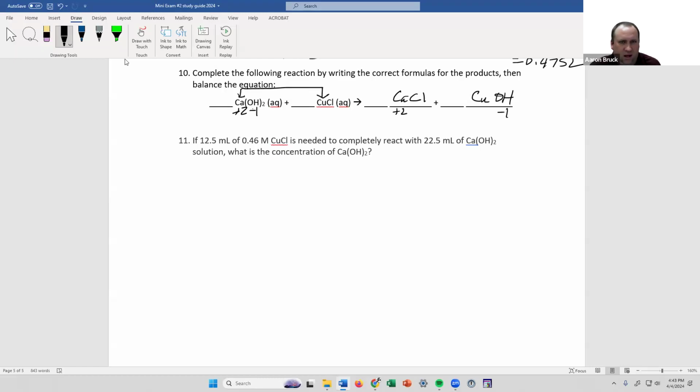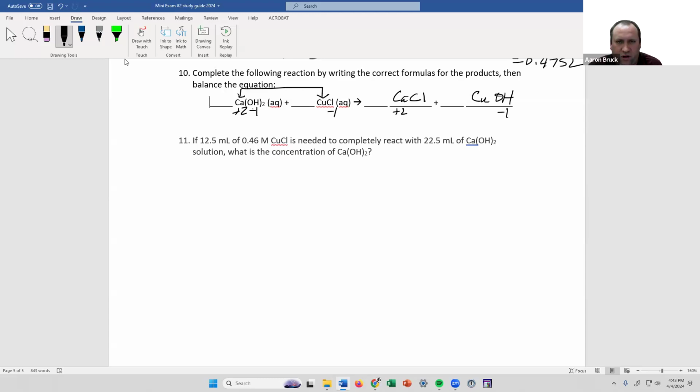On the flip side, copper. Copper is a transition metal. Ugh. Can't use the periodic table to predict copper's charge because transition metals have multiple charges. But I can look at the chloride and say, oh, wait a second, chloride's not a transition metal. Chloride's in group 17. Halogens always have a -1 charge.